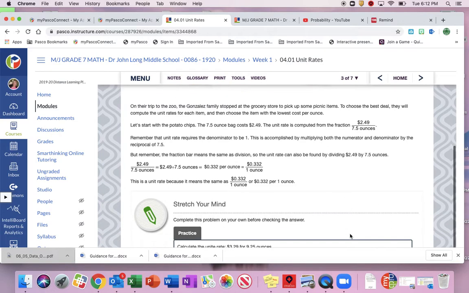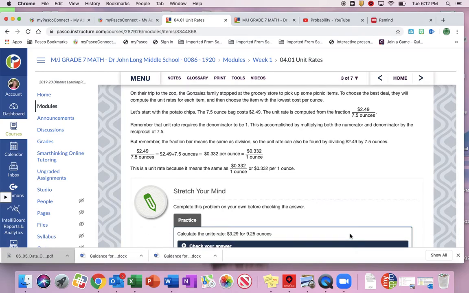And you can use a calculator to help you with these. And if you look in the examples, nothing seems to be rounded to the hundredths place for cents or for money, but it is left out to 3 decimal places in this case so that you can gauge which one is the better buy.